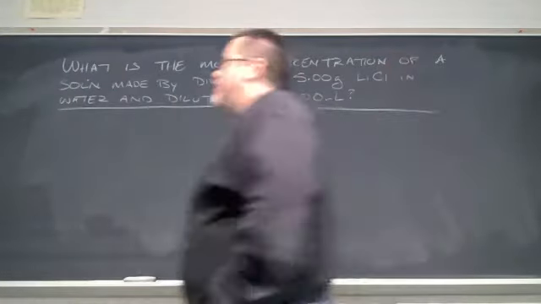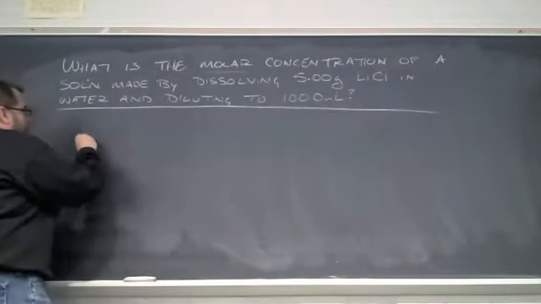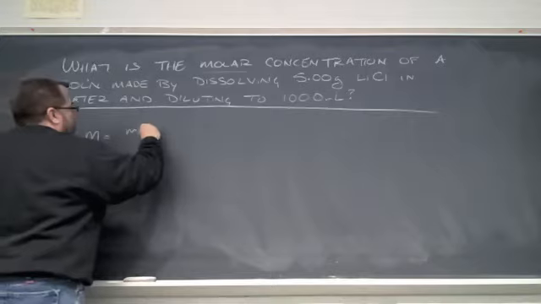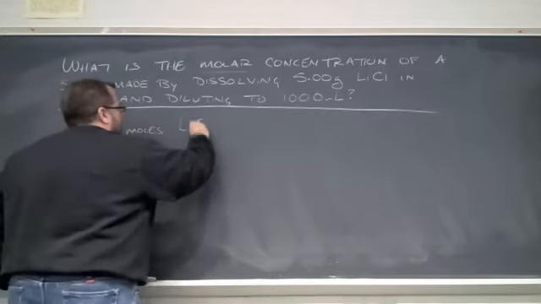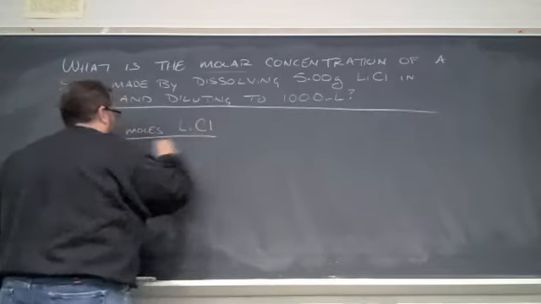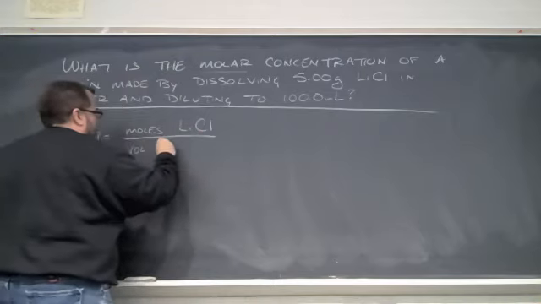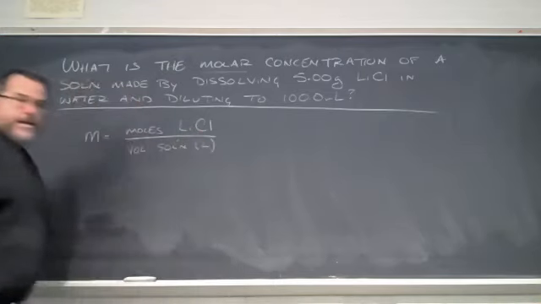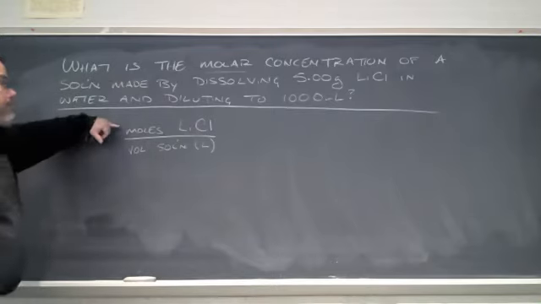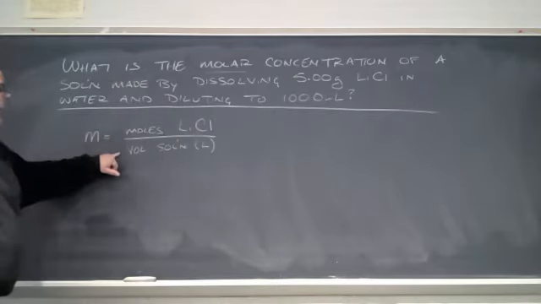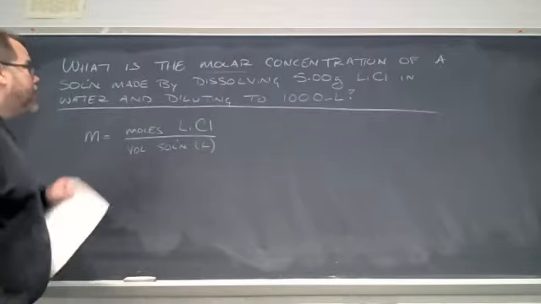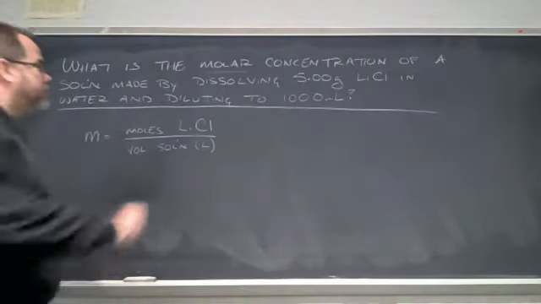All right, so we want to calculate the molarity. And so by definition, this is the moles of lithium chloride divided by the volume of the solution in liters. We've got some of this information, right?